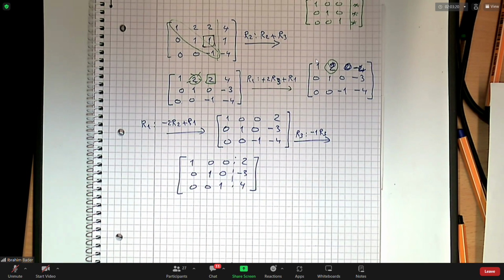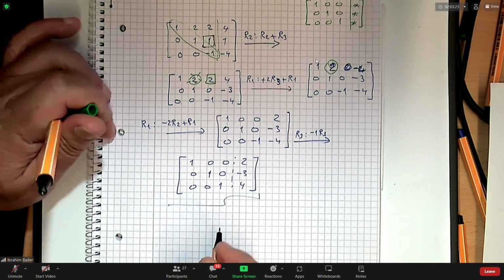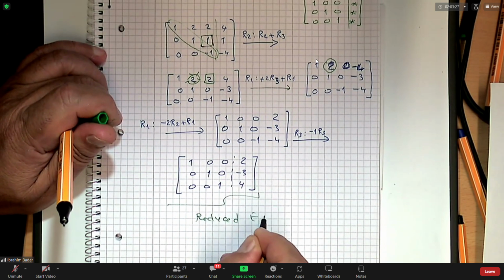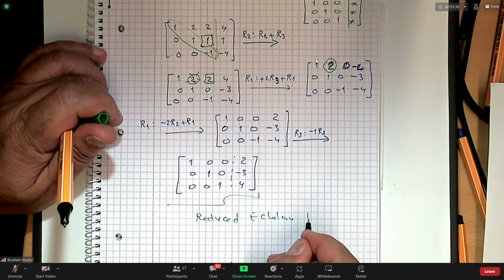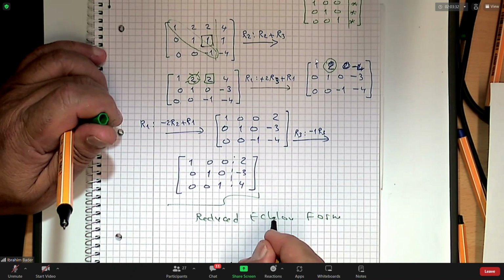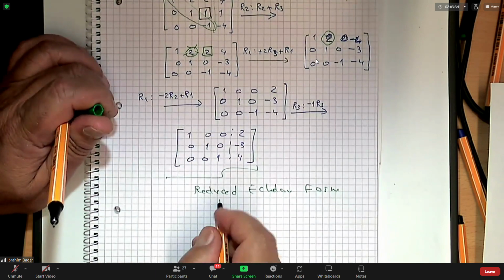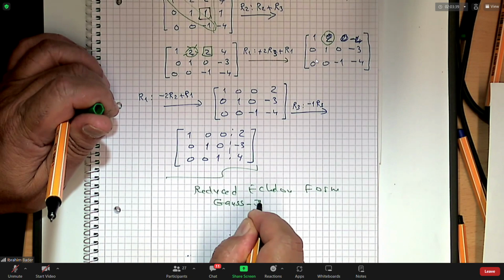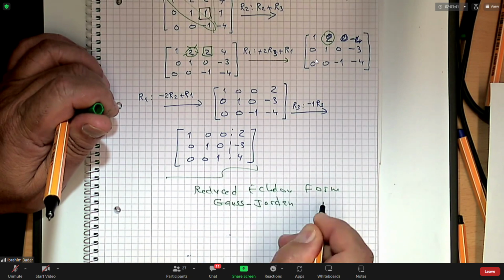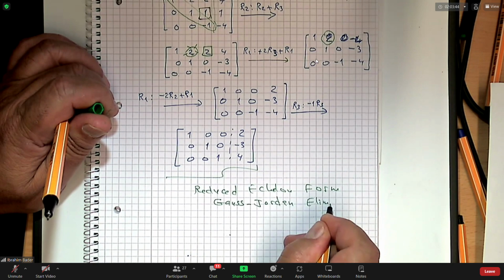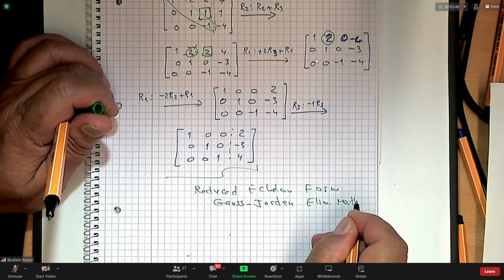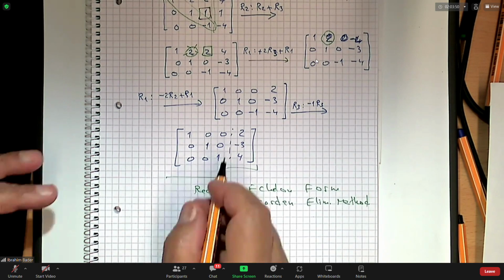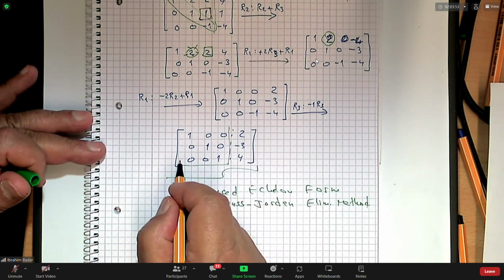And this is the so-called reduced echelon form, or also in linear algebra, it's used the Gauss-Jordan elimination method. The Gauss-Jordan elimination method will reduce this to this one here.